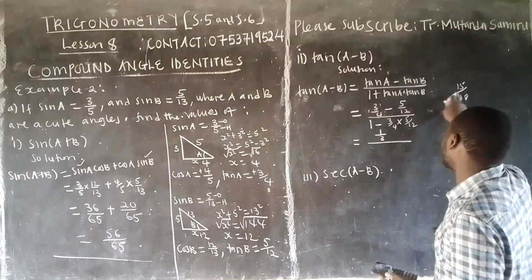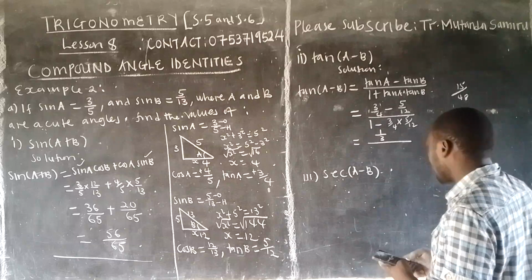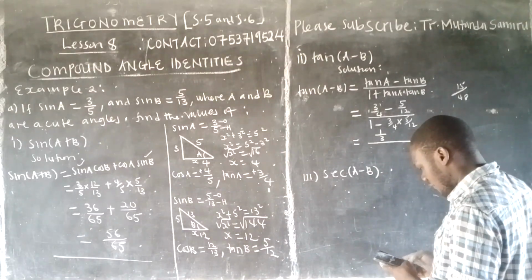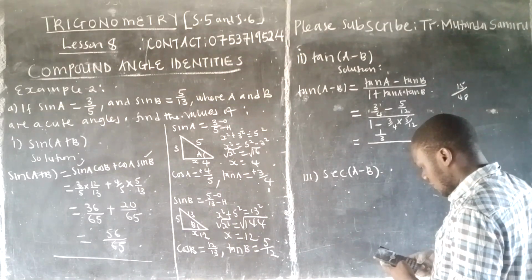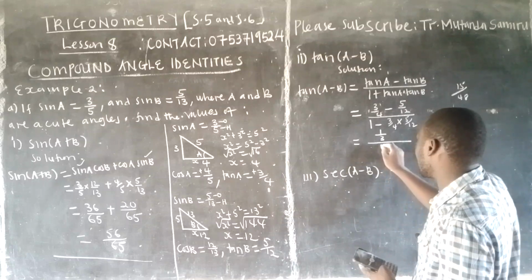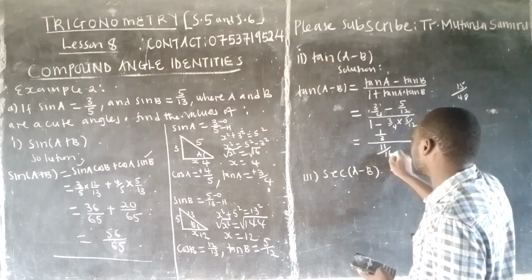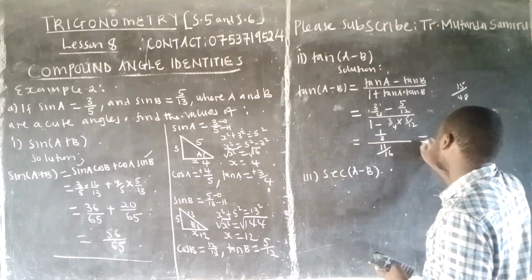So I want to say 1 plus 15 over 48. That will give us 21 over 16. Now it will be our final answer here.